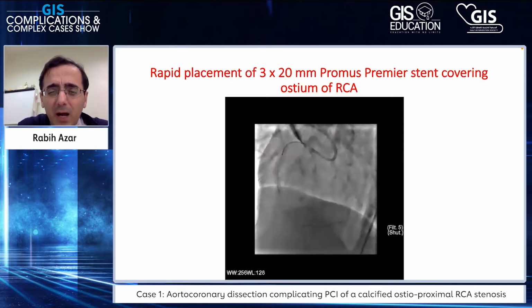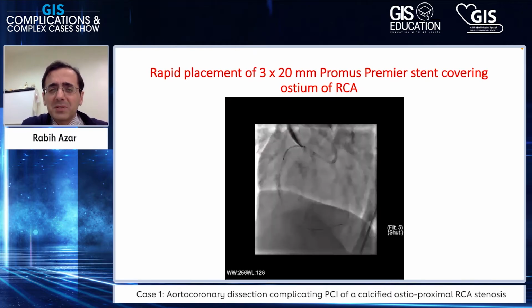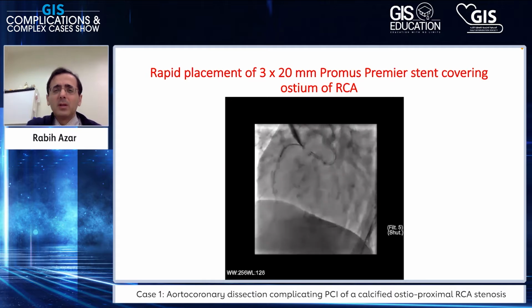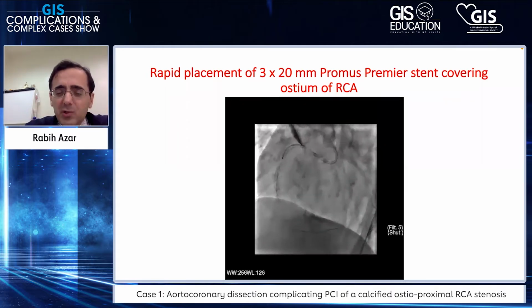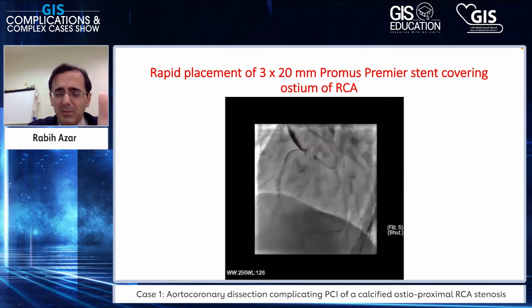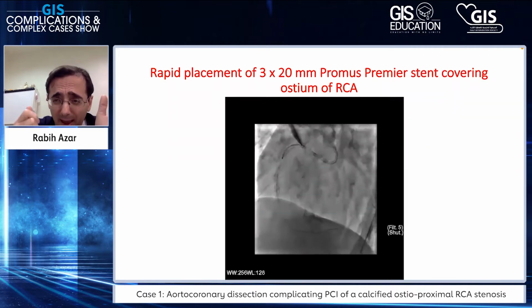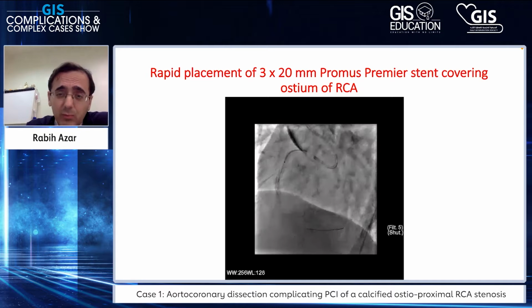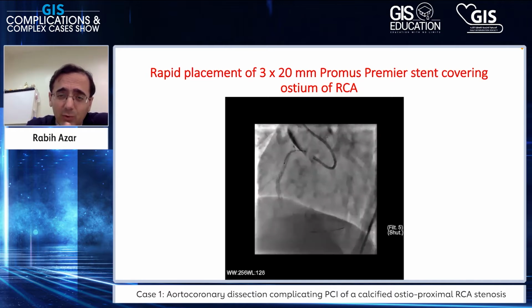We should not lose our wire, and we should proceed very quickly and stent this ostium of the RCA where the dissection has occurred. So without taking further images of the RCA, because we should avoid injections into the vessel, because more injection in the vessel is going to lead to more dissection. So we did not do any injection.